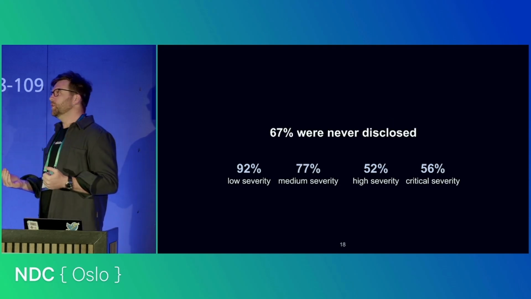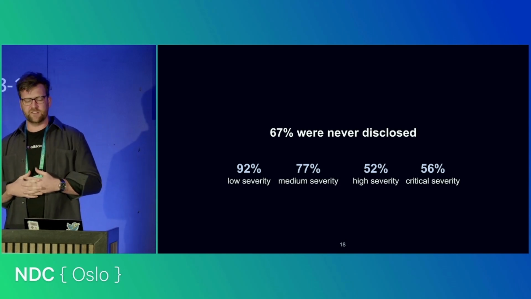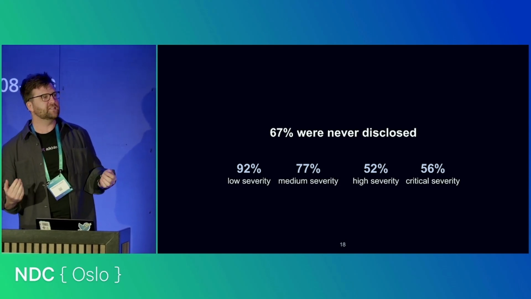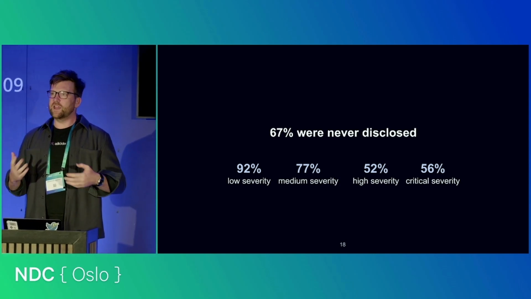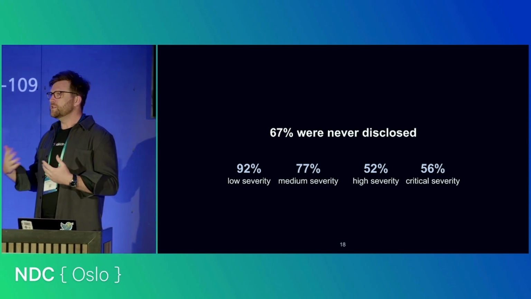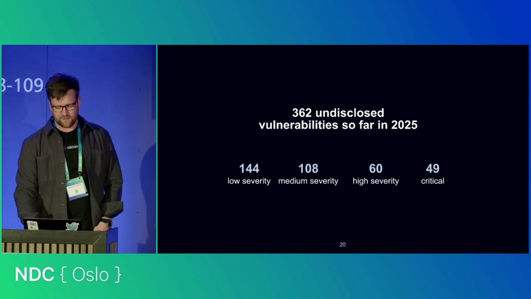We figured that most of them would eventually be disclosed. However, we found that 67% of them were never disclosed. And even quite a lot of the critical severity ones were never actually disclosed to a database, which is concerning, obviously, for a number of reasons.